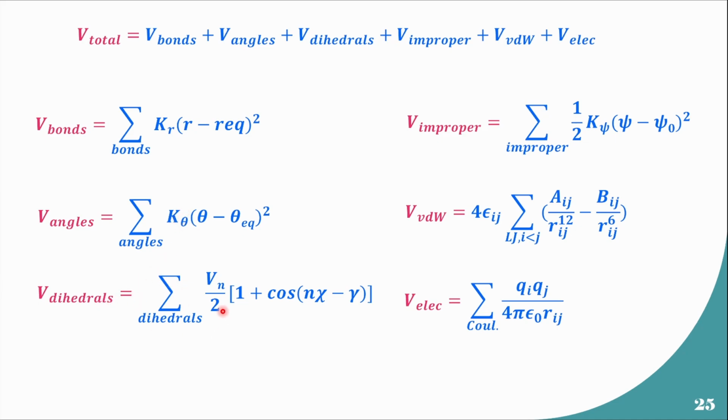For dihedral, again, the formula is given here. Electrostatic interaction is calculated using the Coulomb formula, so you need the charges and the distance between them to apply it. And the van der Waals is usually calculated using something like the Lennard-Jones potential for the van der Waals energy parameters.